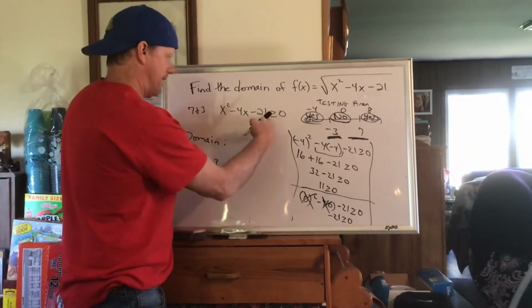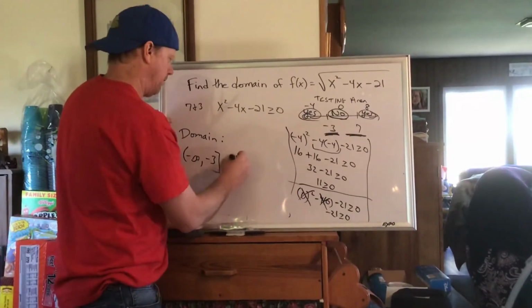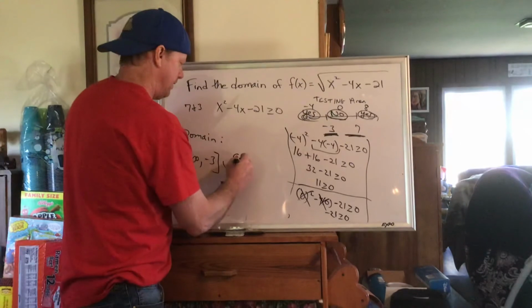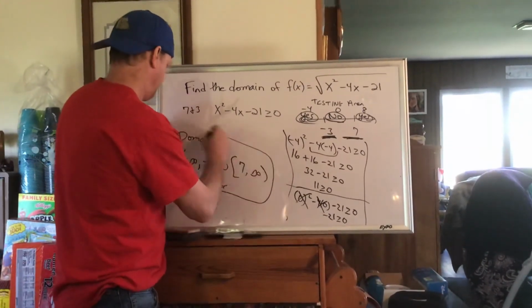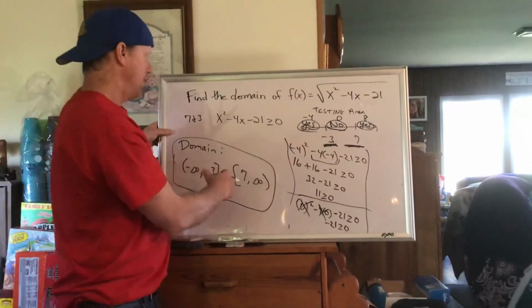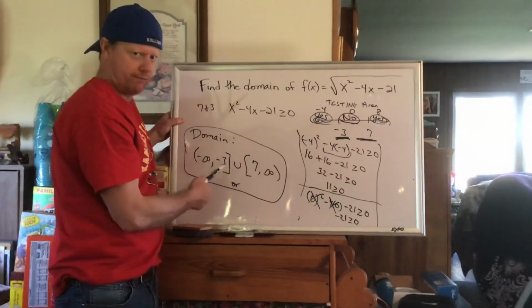It has a bar, so I put a bracket. Union symbol, takes care of the word or, bracket, 7 to infinity. So the domain of this square root function is sitting right here in interval notation.